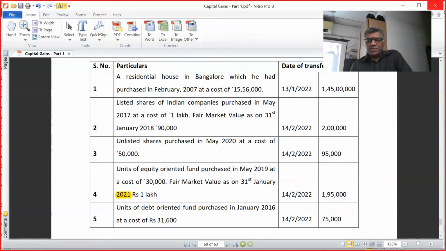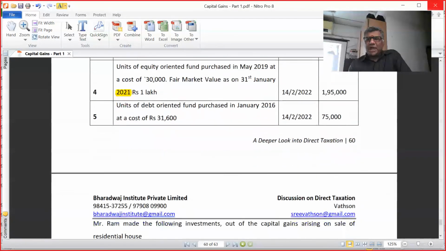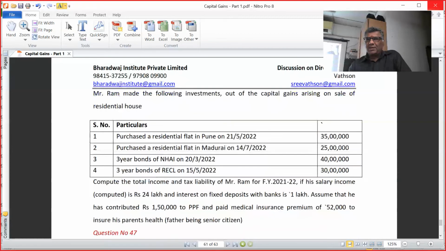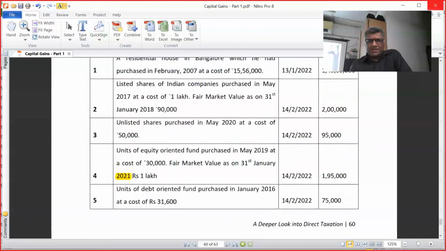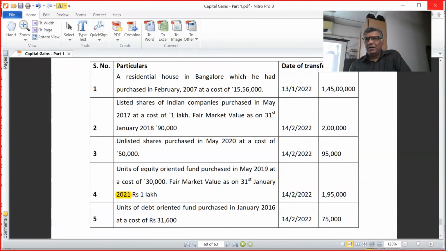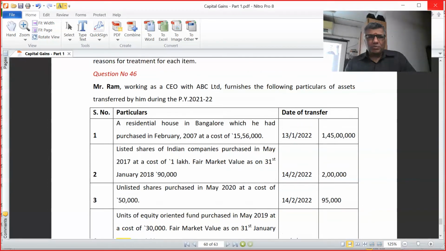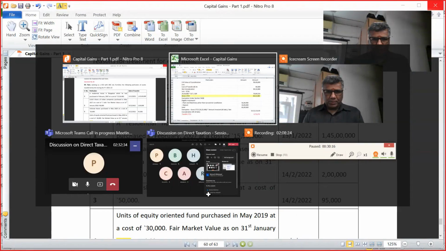Unlisted shares, debt oriented funds. Obviously, all the exemptions can only be for house property. 54 and 54EC, asset transferred should be. So all the exemptions which are specified is only for house property. Let's start slowly working. Together, let's work, please.